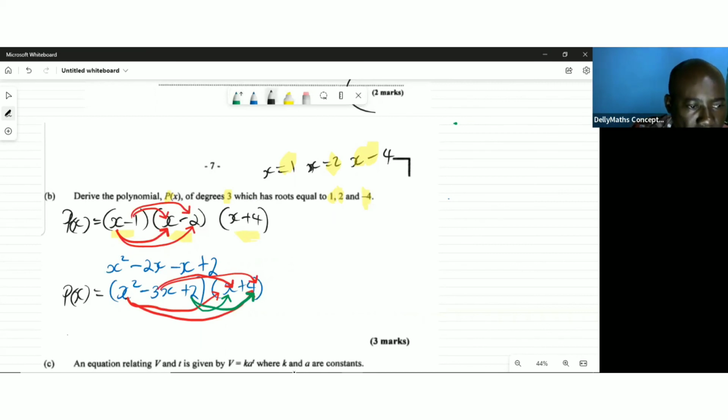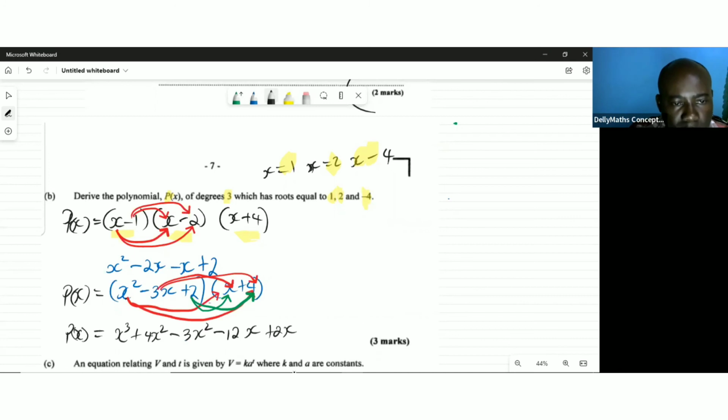So the polynomial P of x is going to equal x squared times x, I'm getting x to the third degree. x squared times 4, I'm getting positive 4x squared. Then -3x times x, I'm getting -3x squared. -3x times 4, I'm getting -12x. 2 times x is positive 2x. 2 times 4 is positive 8.